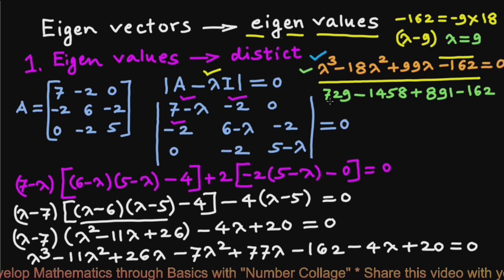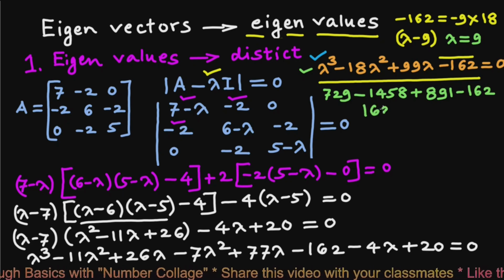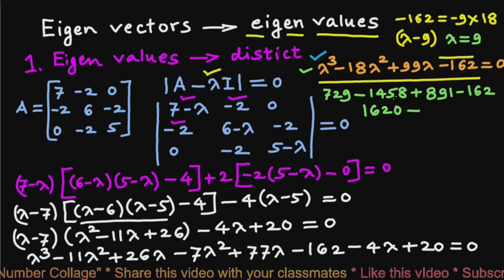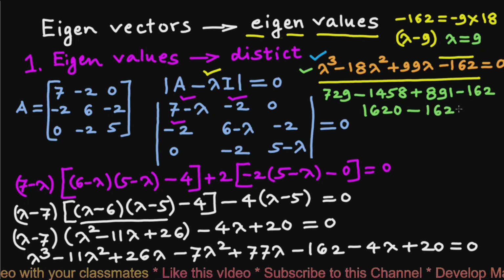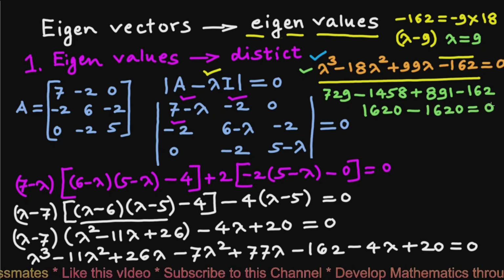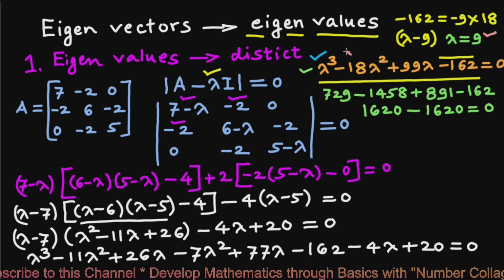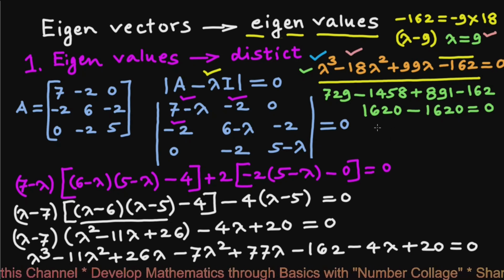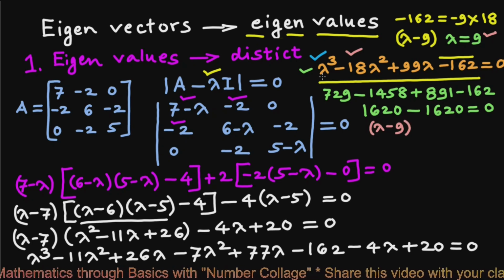That will be 729 plus 891 will be 1620, minus 1458 plus 162 will also be 1620, that is 0. Since lambda equals 9 satisfies this cubic polynomial, we can say that lambda minus 9 is one of the factors of this cubic polynomial.